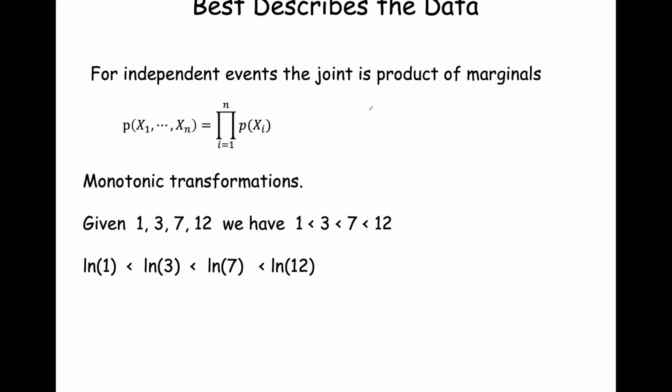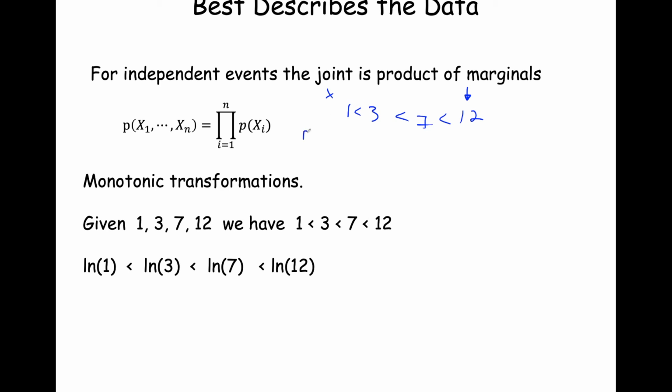Let's take the example that we have the numbers 1, 3, 7, and 12. If we were to look at the order of them, we say 1 is less than 3, 3 is less than 7, 7 is less than 12. If we were to ask which one is the biggest, well, we'd say it's right here. It's 12. Now, let's suppose this is our x value, and we're going to compute a function.